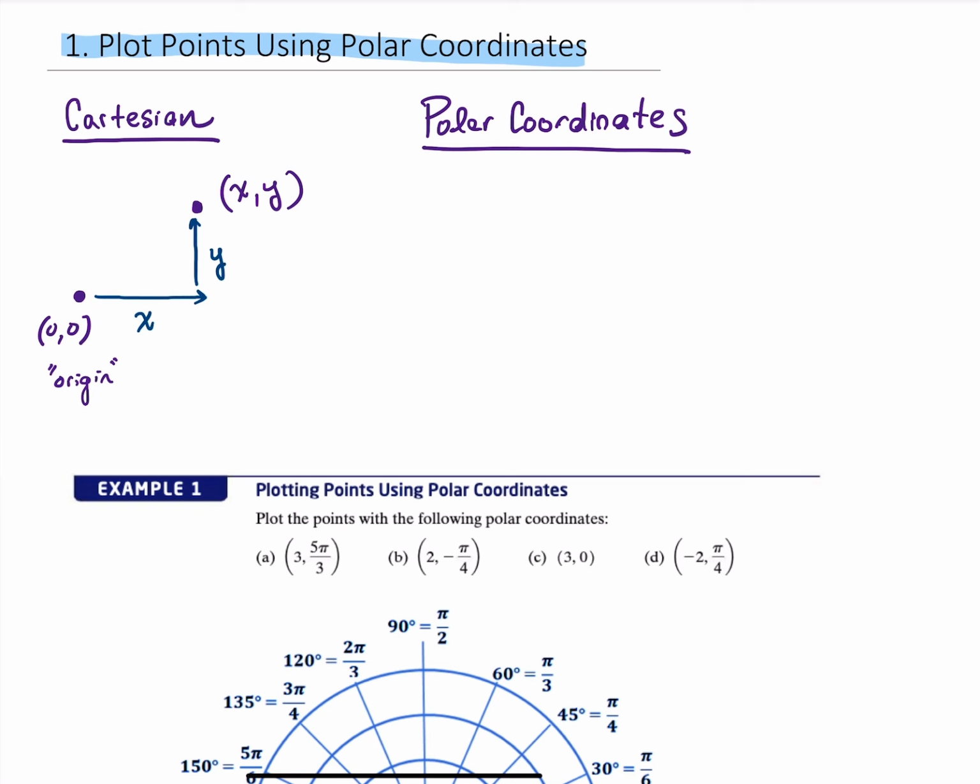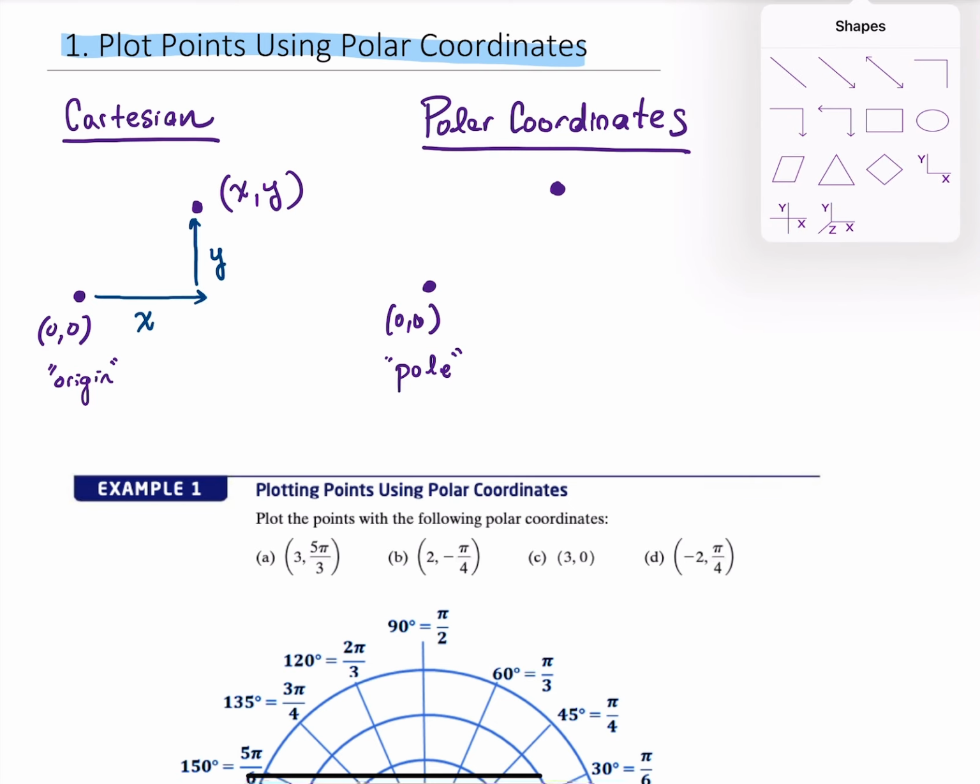We still have some original reference point that we call 0, 0. Instead of the origin, this is called the pole. And instead of going some horizontal and vertical distance to plot a point, imagine that we have some distance away from the pole, which we'll call r.